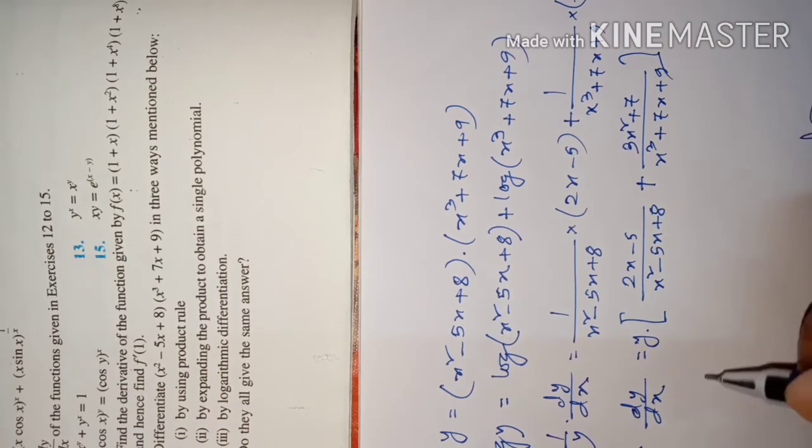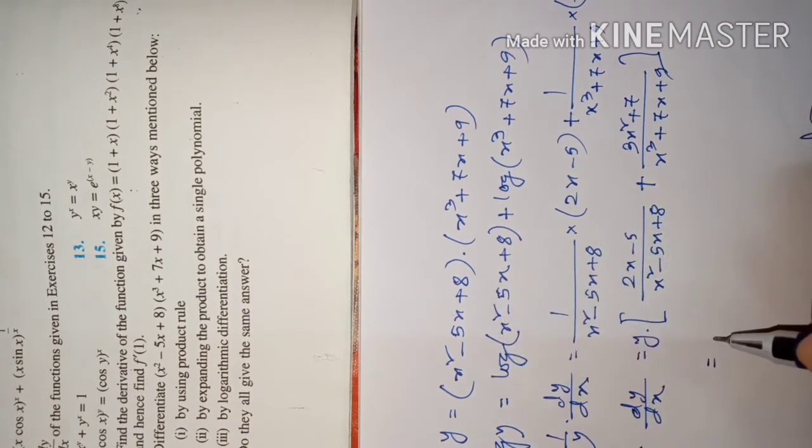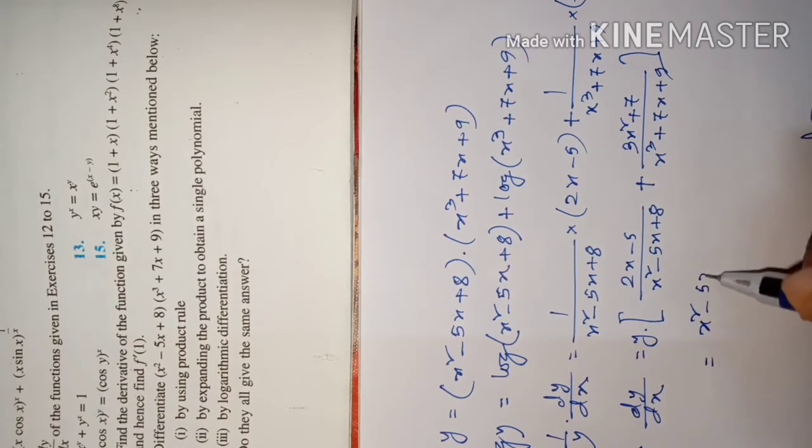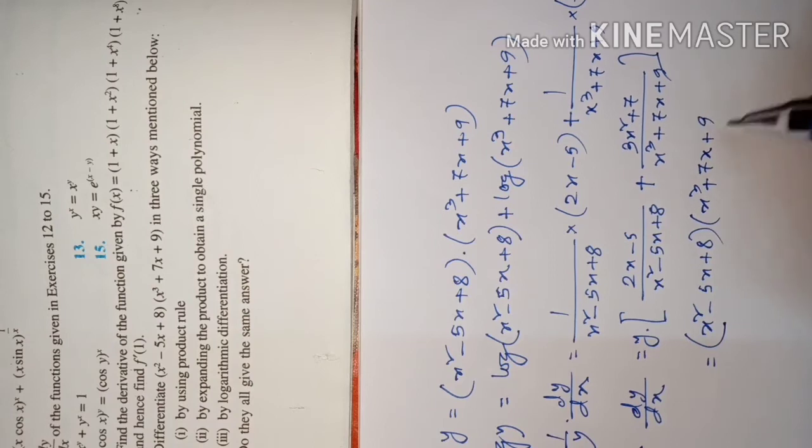Okay, so y is actually what? x square minus 5x plus 8 into x cube plus 7x plus 9.